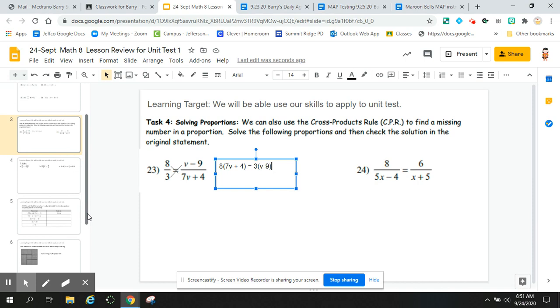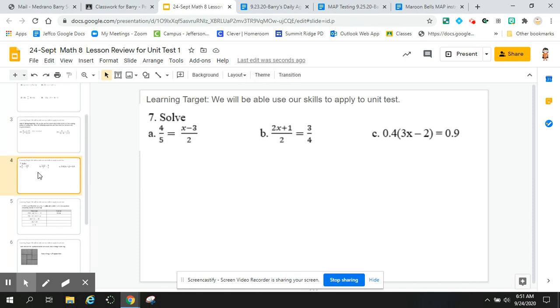And then you would solve it like you normally would an equation. Here are some additional practice problems on proportional reasoning, cross product, and here it is using the distributive property. And I threw in a rational number, 0.4 and 0.9.